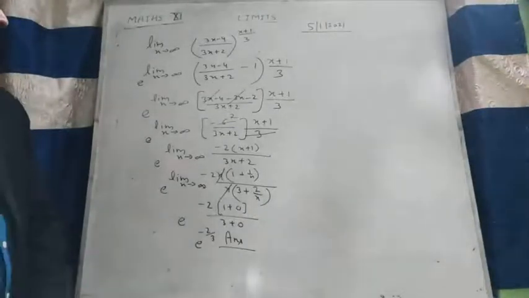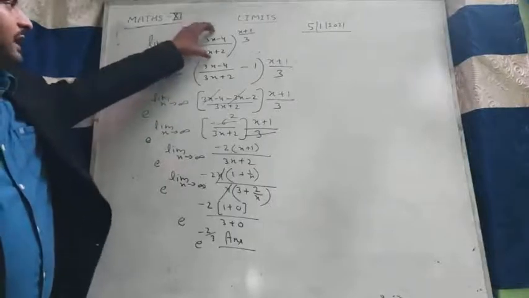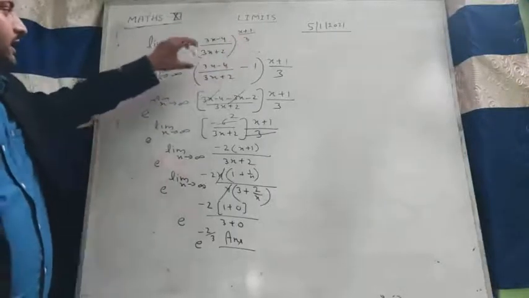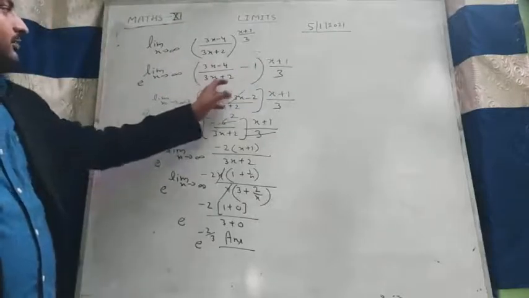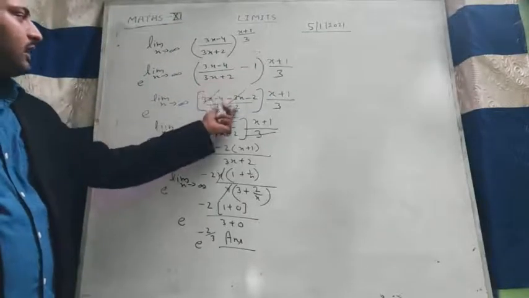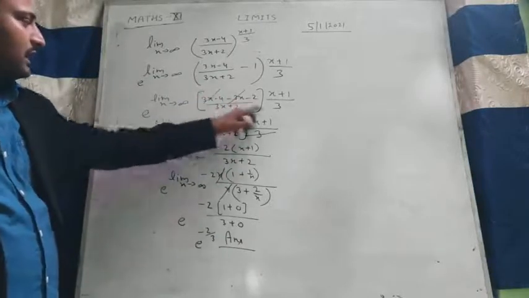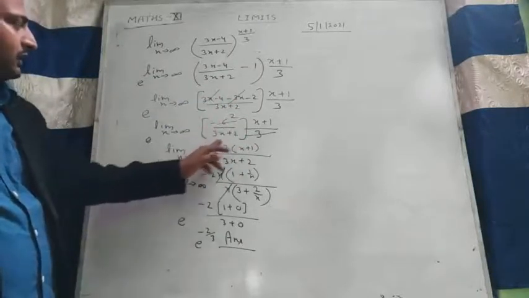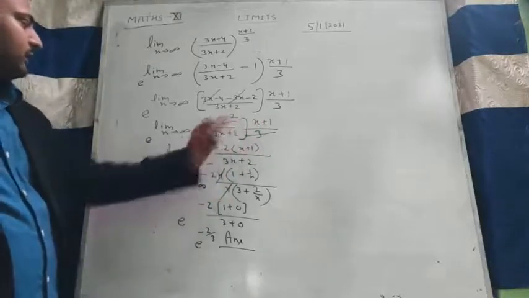Now let's see once again. E to the power limit as x tends to infinity; this is f(x) to the power g(x), so we can write (f(x) minus 1) into g(x). Taking the LCM of this part, 3x and 3x will reduce, and we get minus 6 by (3x plus 2) and (x plus 1) by 3. So this part will be cancelled.